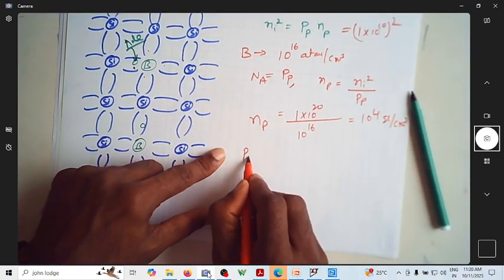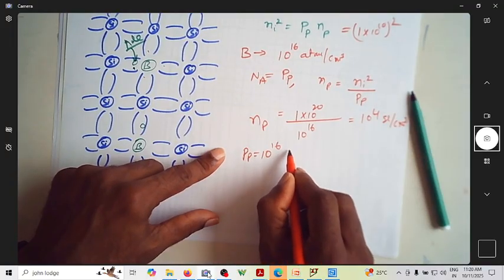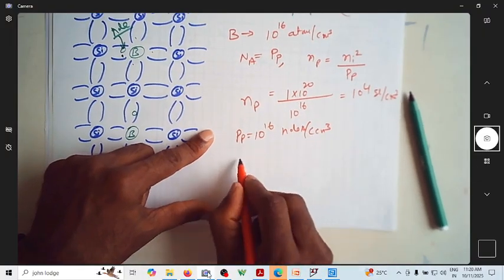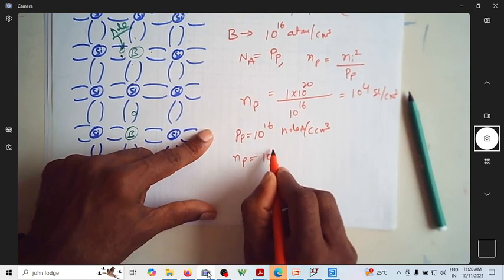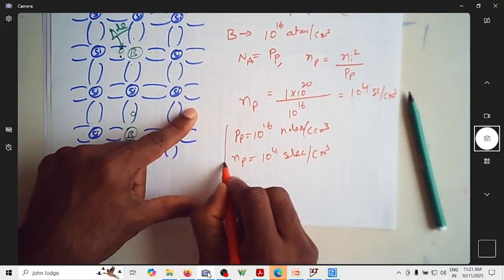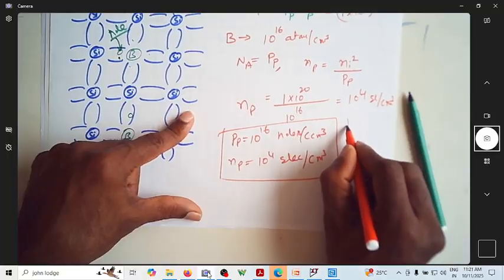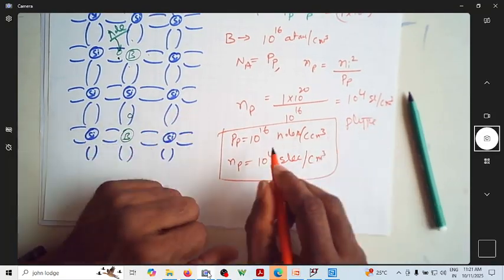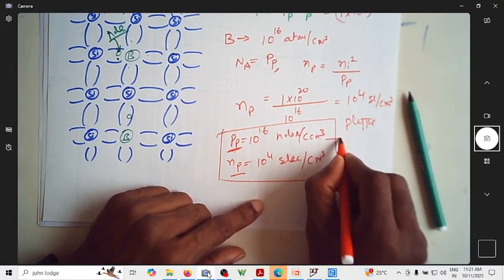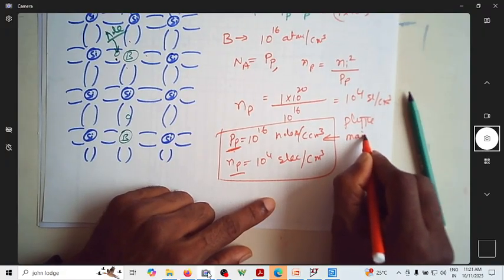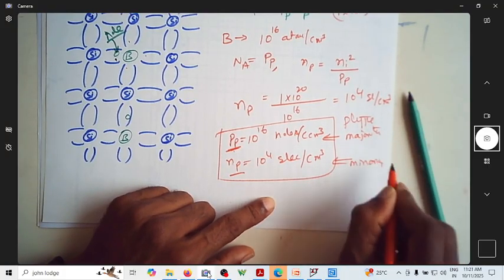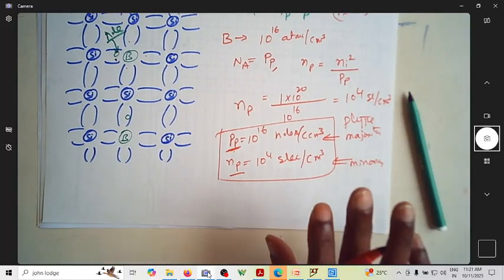So p of p is 10 power 16 holes per cubic centimeter. n of p is 10 power 4 electrons per cubic centimeter. Can you see now? For p-type semiconductor, we have holes more than the electrons, so that's why holes are called majority carriers. These are called minority carriers because they are less in number.